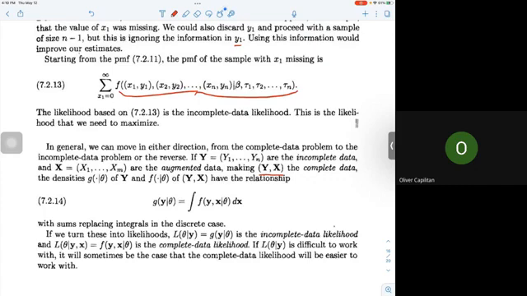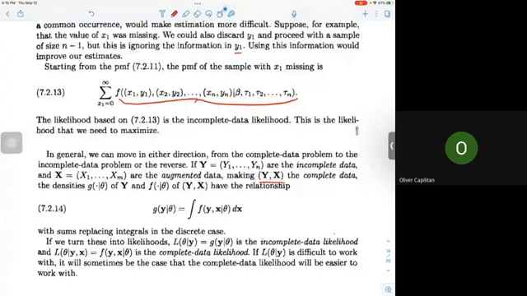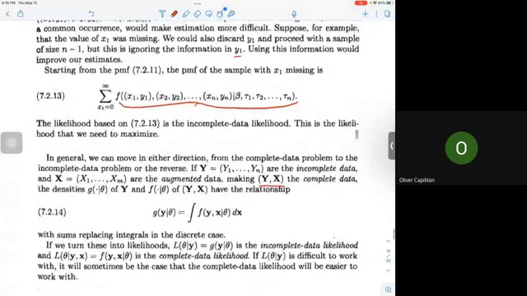So if the likelihood function of theta given y is difficult to work with, it will sometimes be the case that the complete data likelihood will be easier to work with. Yung example nito nasa book na, so you can continue reading. But I just want to emphasize here na itong EM algorithm is usually being used if we have missing data.